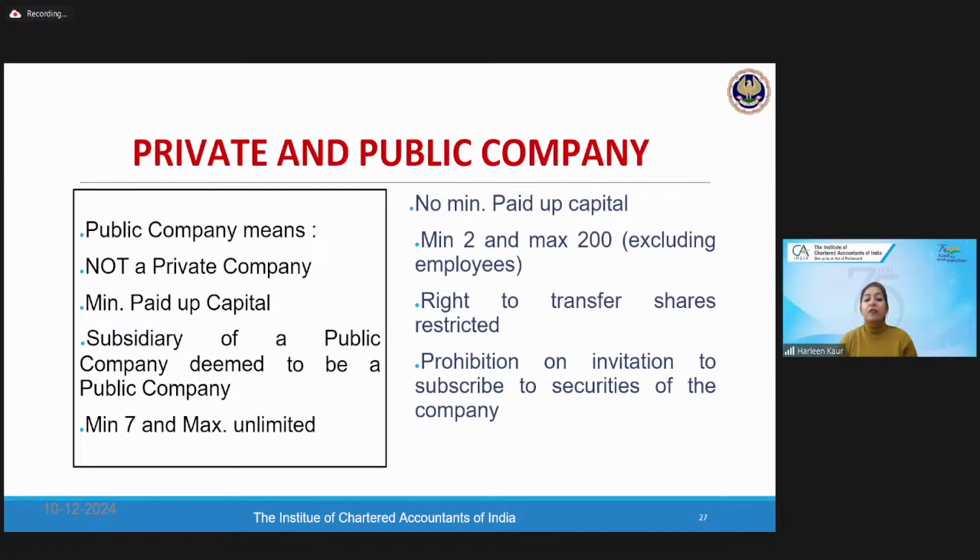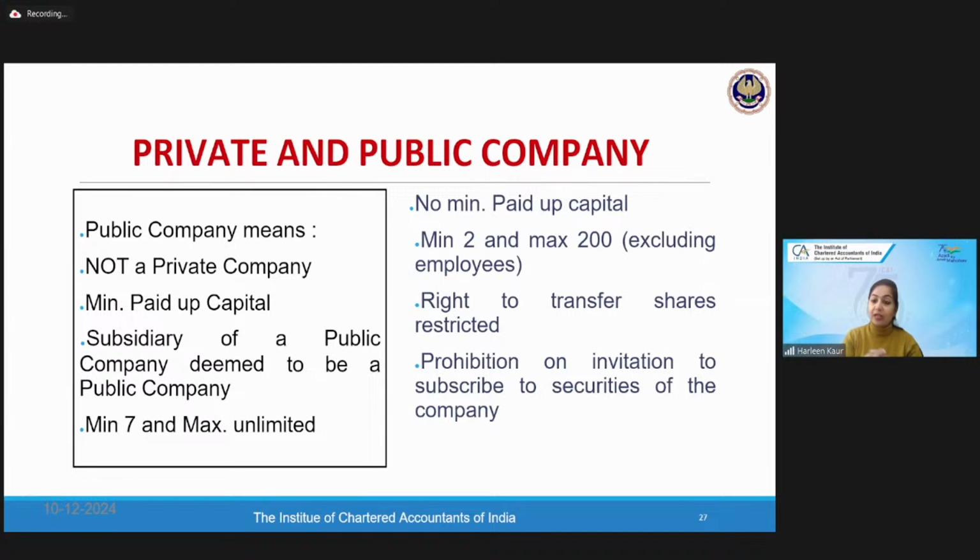Yes, students. Subsidiary of a public company shall be deemed to be a public company means that if I am a holding company, PQ Limited, I am a public company, and AB is my subsidiary company. What is the meaning of subsidiary? What is holding and subsidiary?